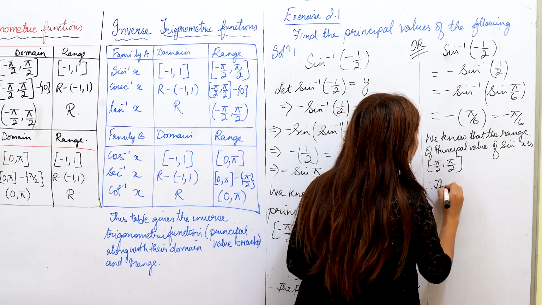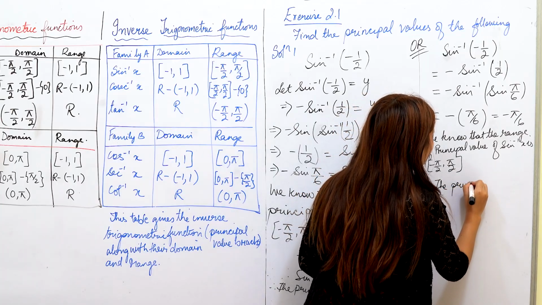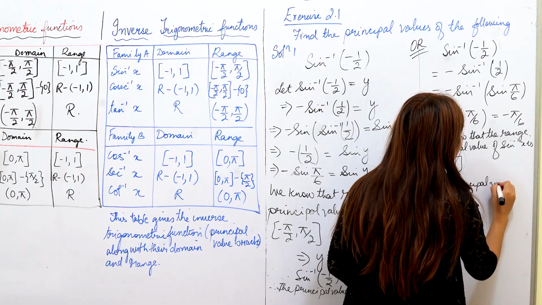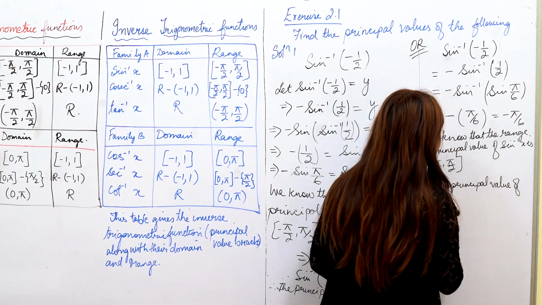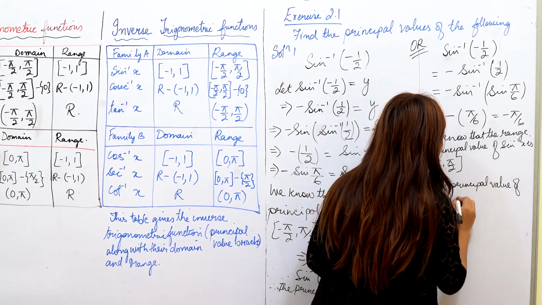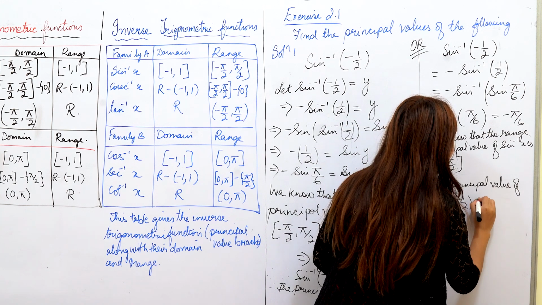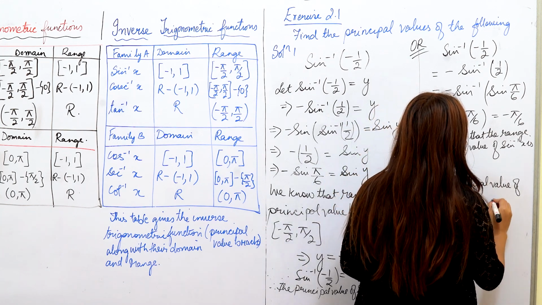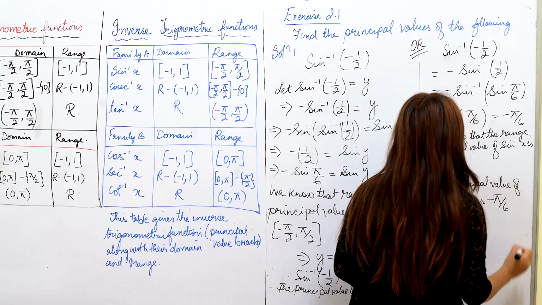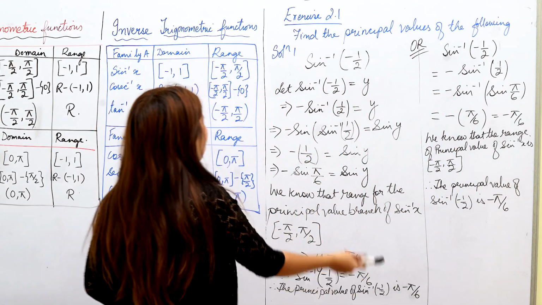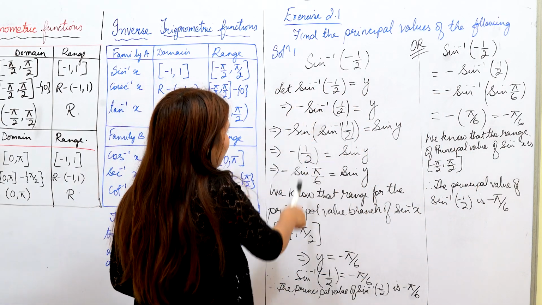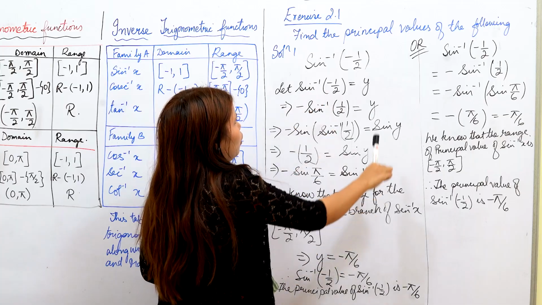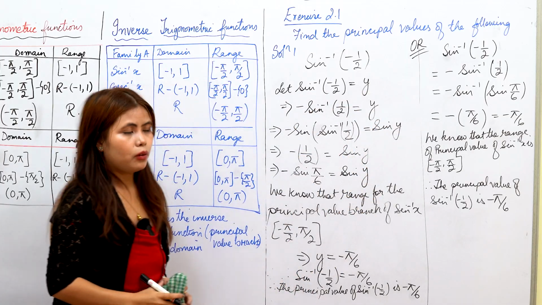Therefore, the principal value of sine inverse minus 1 by 2 is minus pi by 6.